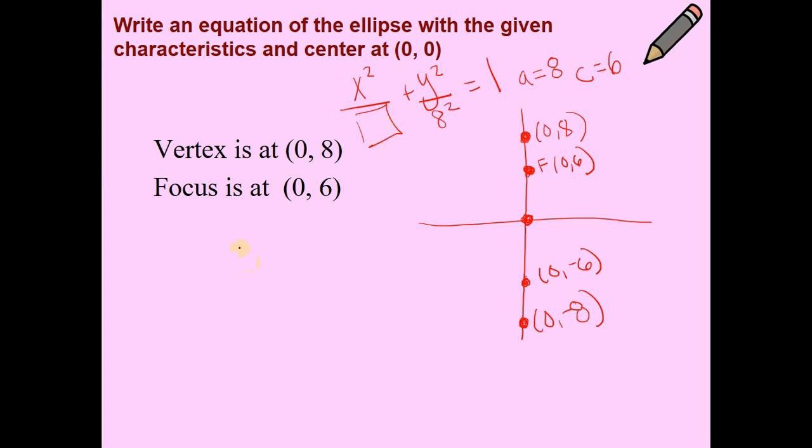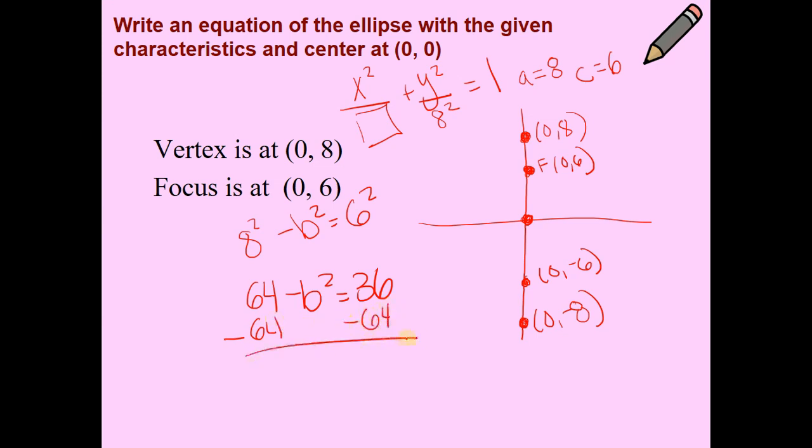So let's use the formula that we know. I know a squared minus b squared has to equal my c squared. So I have 64 minus b squared equals 36. I have to subtract 64. I get negative b squared equals negative 28, aka b squared equals 28, right?